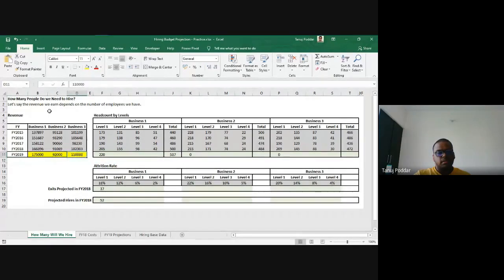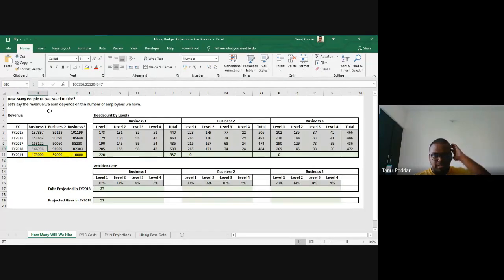Now what we'll first try to do is say what revenue we are going to earn. There will be some kind of projection that we'll work with. All these yellow highlighted cells can be thought of as input cells. You will input values here saying this is what my projection looks like, this is what I think the increase will be, and based on that the rest of the calculations will run.